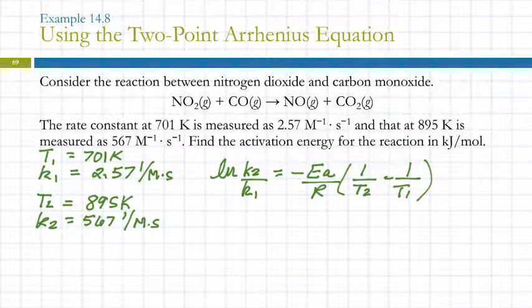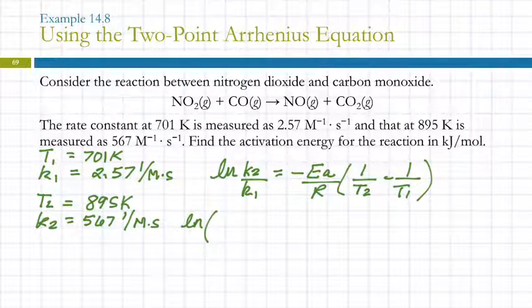So we could solve this equation for EA, but because of the fractions and the natural log and everything, that could get ugly really fast. So this is an equation where it's probably best to put the numbers in, simplify the numbers, and then solve for your variable. So we'll write these in here.